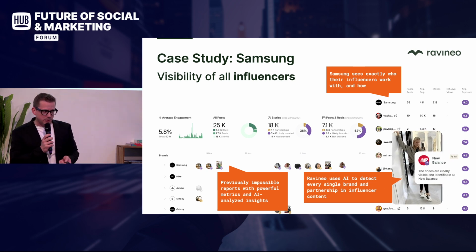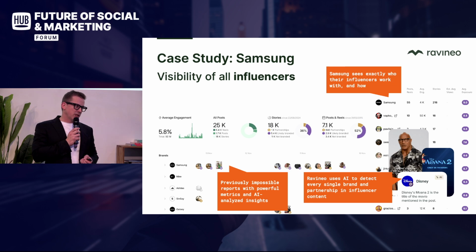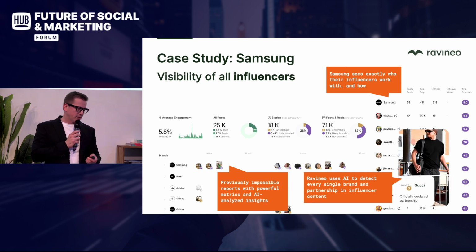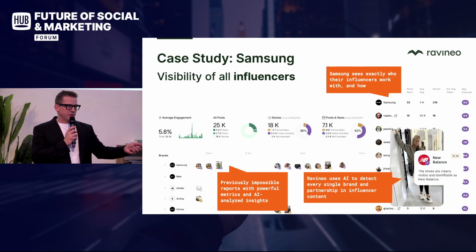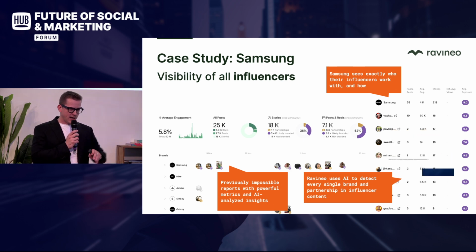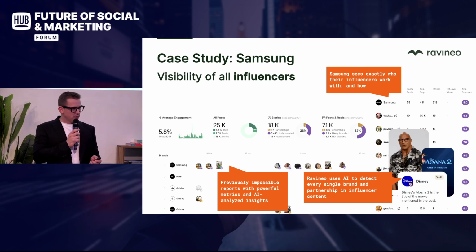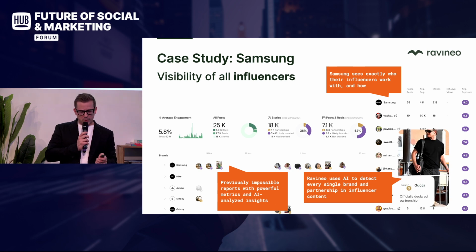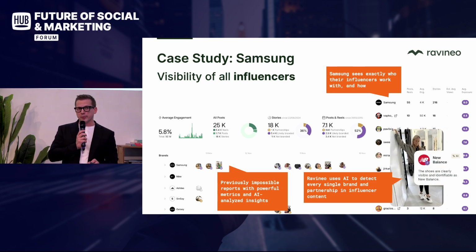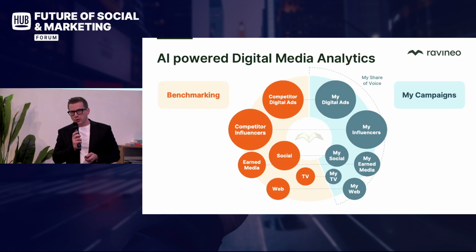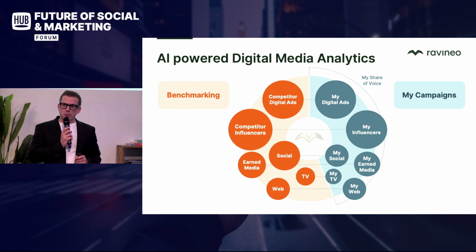And we found many case studies where our clients that work in the chocolate food industry, for example, found that the influencers were working with an e-cigarette company, which is a little bit illegal, so they canceled the cooperation. So it's also a way of checking brand safety elements of the influencers that in a way represent your brand. So Ravineo, we want to become like the new Nielsen 2.0 of digital analytics.